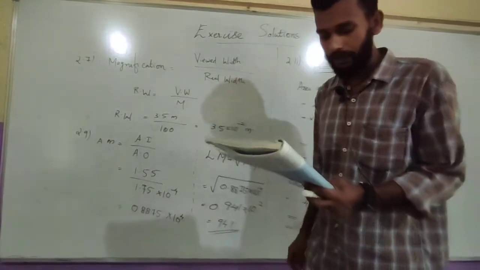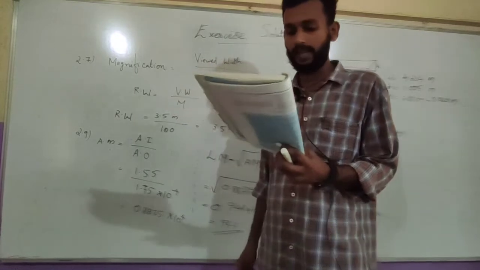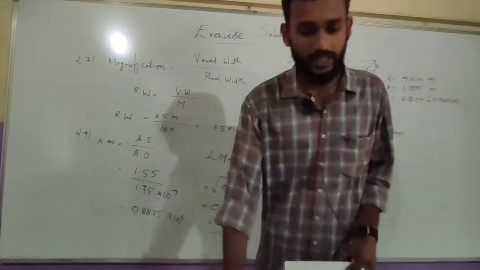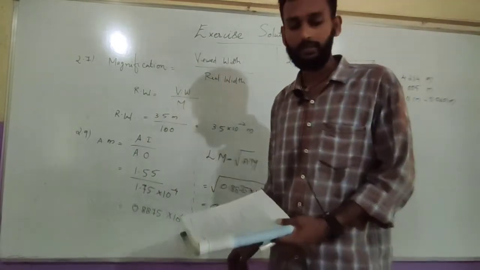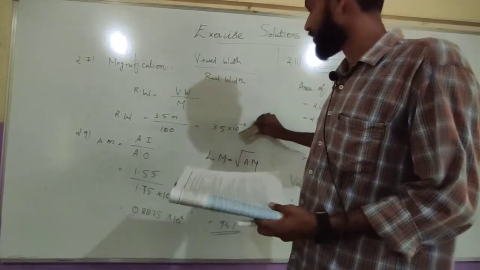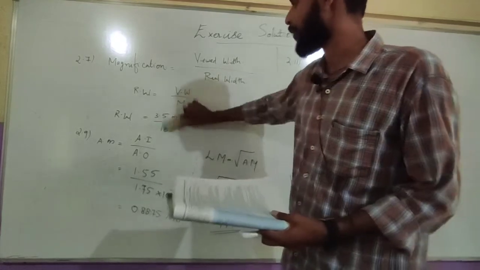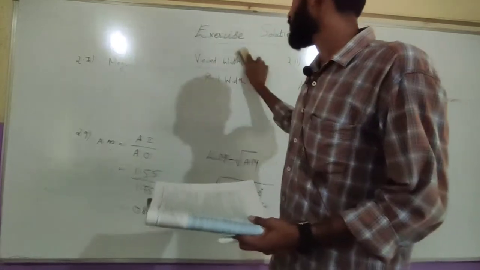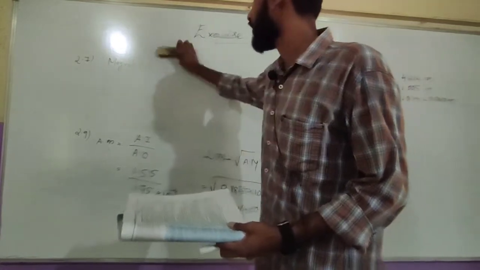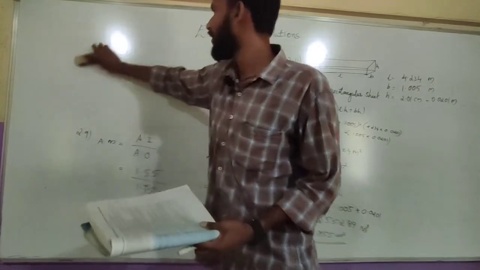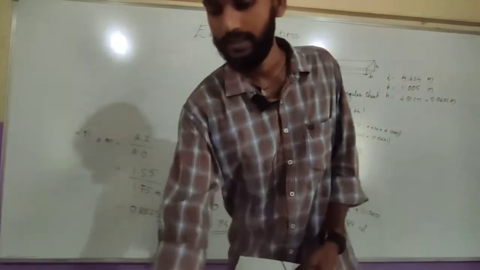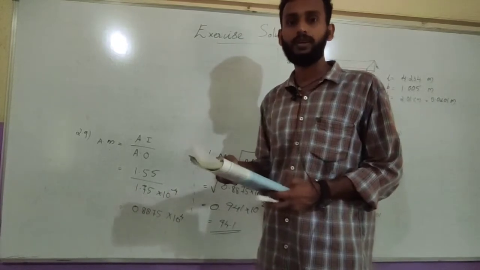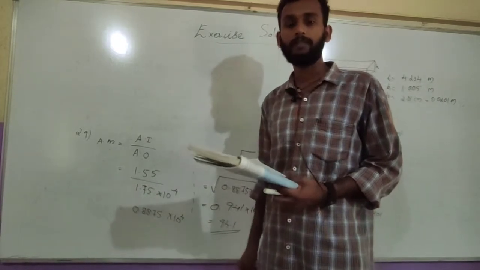Answer the following. You are given a thread and a meter scale. How will you estimate the diameter of the thread? You know that the least count of the centimeter scale is 0.1 centimeter, that is 1 millimeter. If you want to measure the thickness of a wire or a thread, the equipment you are supposed to use is a screw gauge.